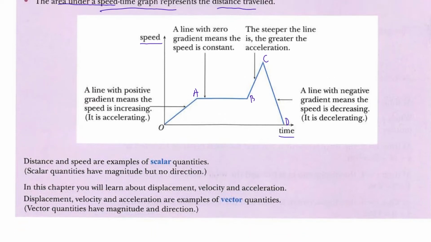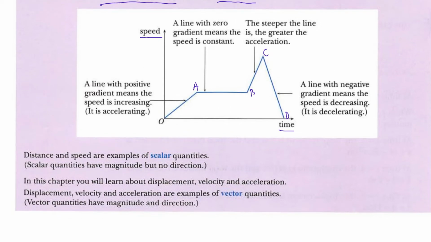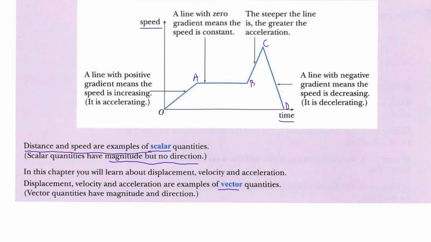While doing kinematics, we need to know what a scalar quantity is and what a vector quantity is. Distance and speed are examples of scalar quantities, which present only magnitude. Scalar quantities have magnitude but no direction. This is the difference from vector quantities.